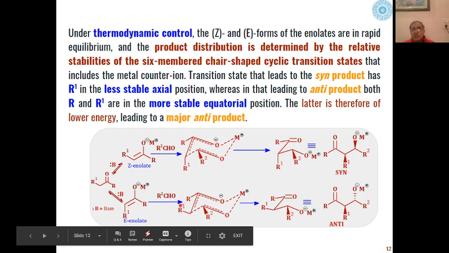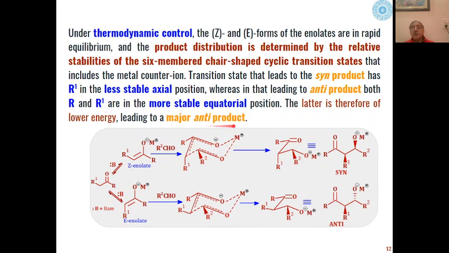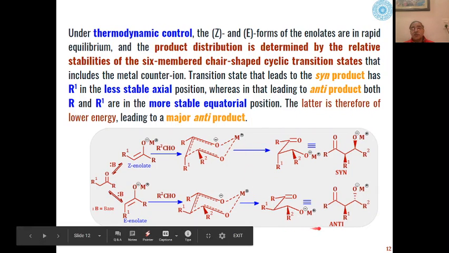When both of these are in equatorial position, this cyclic transition state is more stable, and it will lead to the formation of anti-product. Because this is the more stable transition state, the energy of the system leading to the formation of the anti-product is lower, so it will be formed as the major product. That is why we will get a major anti-product under thermodynamic control.